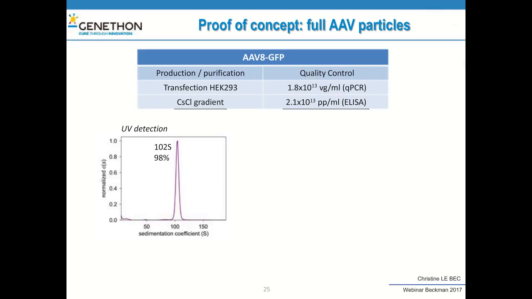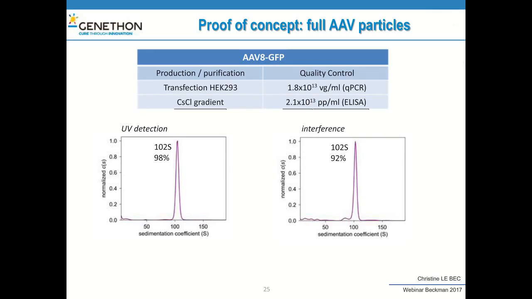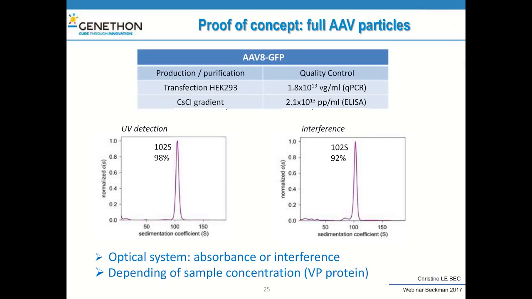When we run the AUC, you can see one peak around 102 S, and by UV or interference, we have the same signal, only one peak. The S value is dependent, of course, on the mass of the DNA.